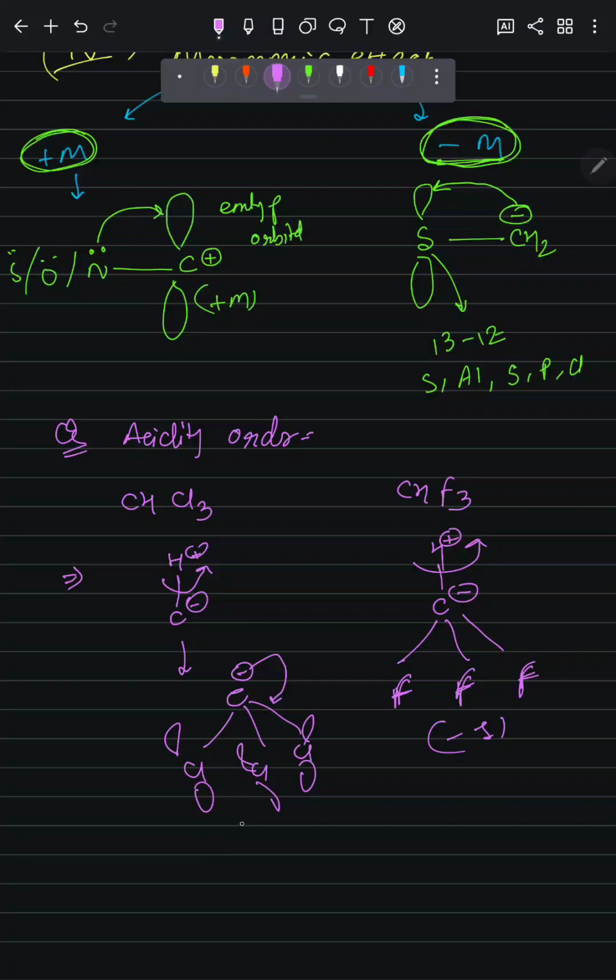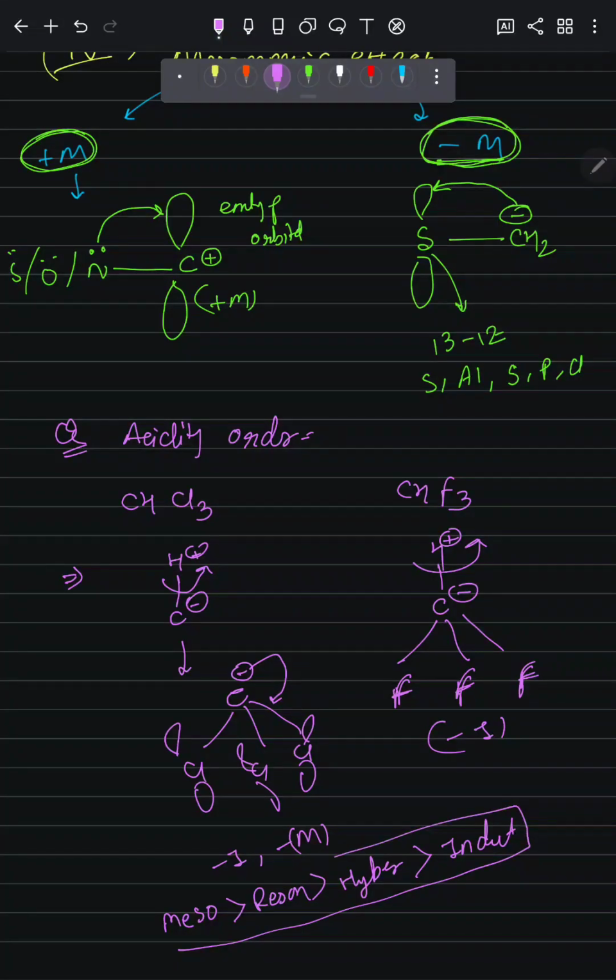Chlorine will also take from minus I and it will also take from the minus M effect. As we know, mesomeric is dominant over resonance, which is dominant over hyperconjugation, which is dominant over the inductive effect. So these are the priority order we need to follow. So the mesomeric effect is more stabilizing as compared to these molecules.